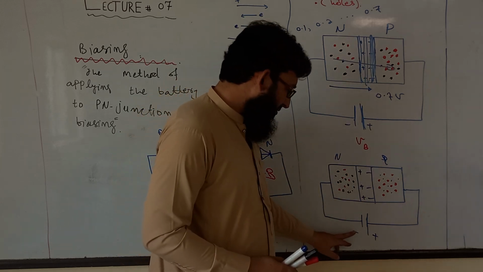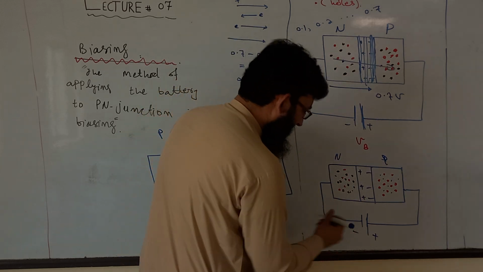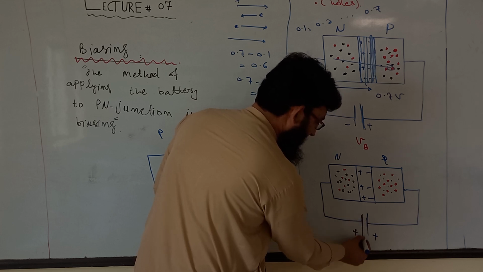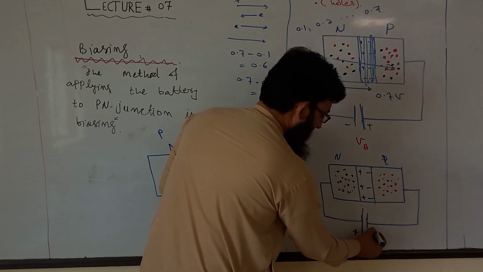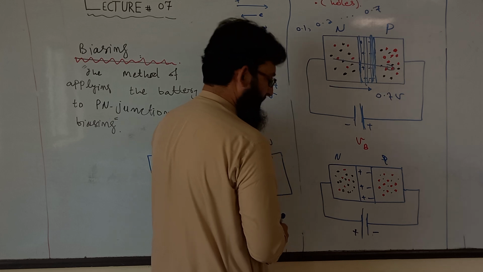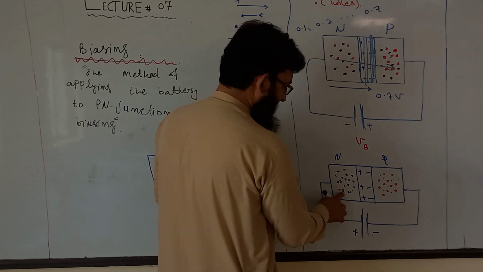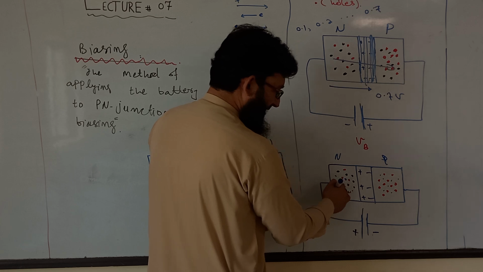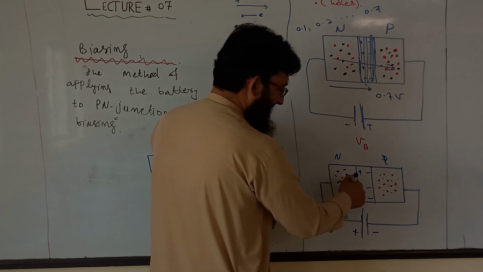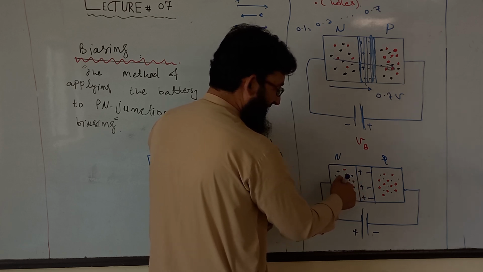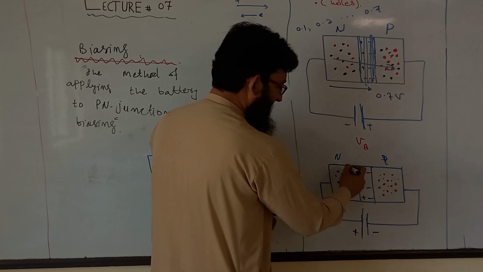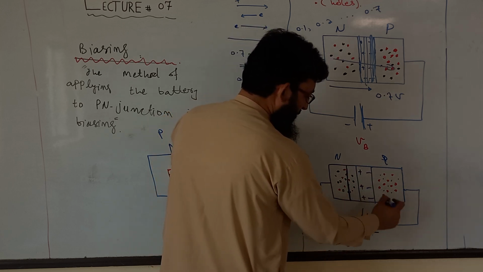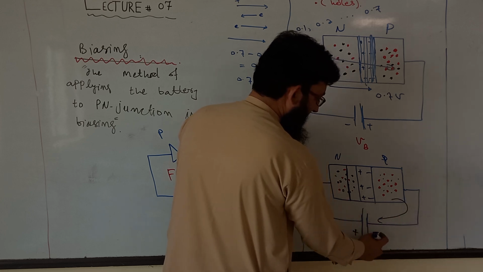In other words, now if we connect the positive terminal of the battery with N and the negative of the battery with P, what will happen? These electrons will be attracted by this terminal away from this potential barrier, and these electrons will be unable to cross, so the potential barrier will be increased here, and these holes will also be attracted towards the negative terminal.